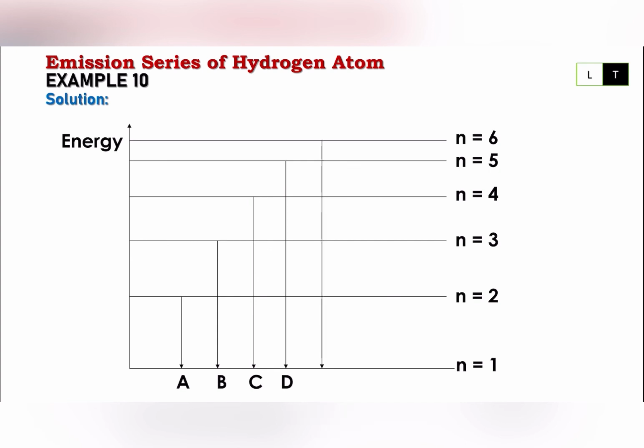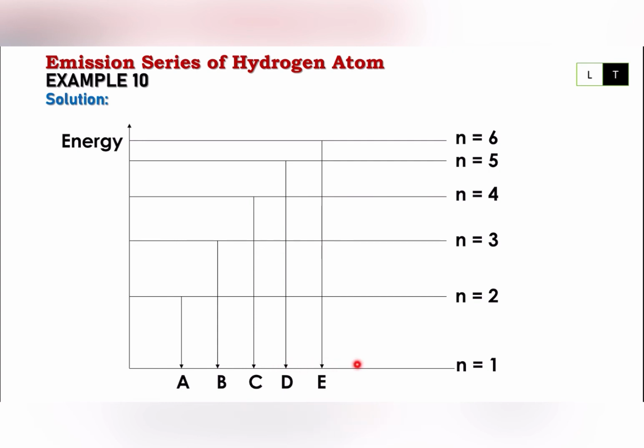And last but not least, line E from n equals 6. All of them will fall back down. That's why you have to draw the arrow pointing down, to indicate the energy emission in the form of a photon for that specific electron in the hydrogen atom.